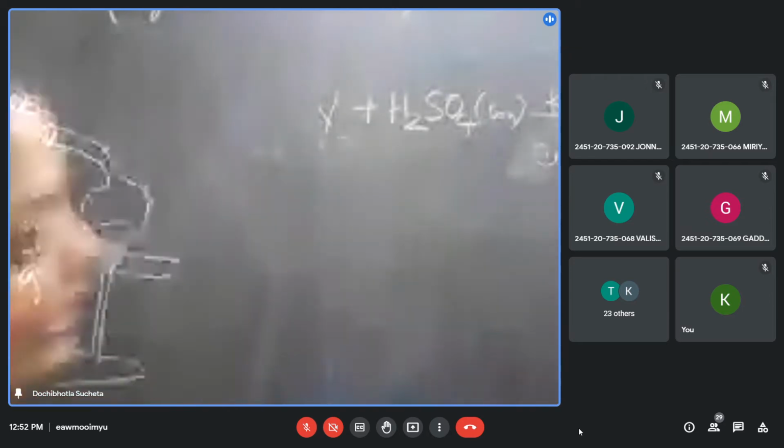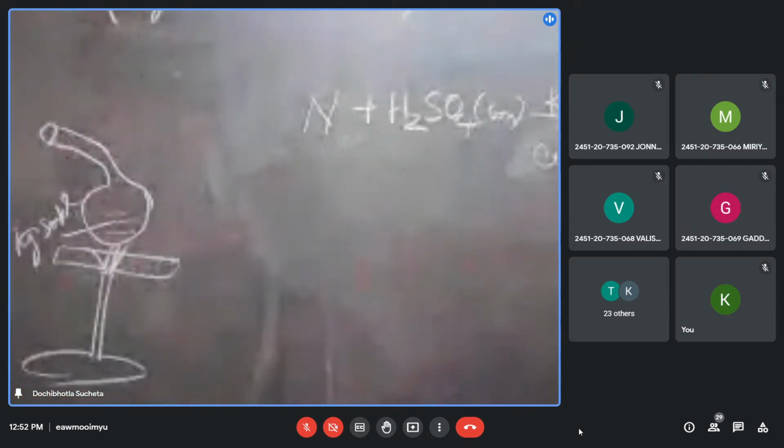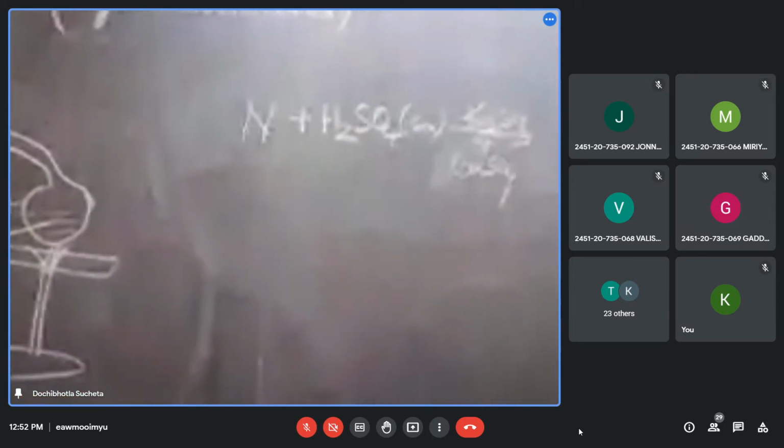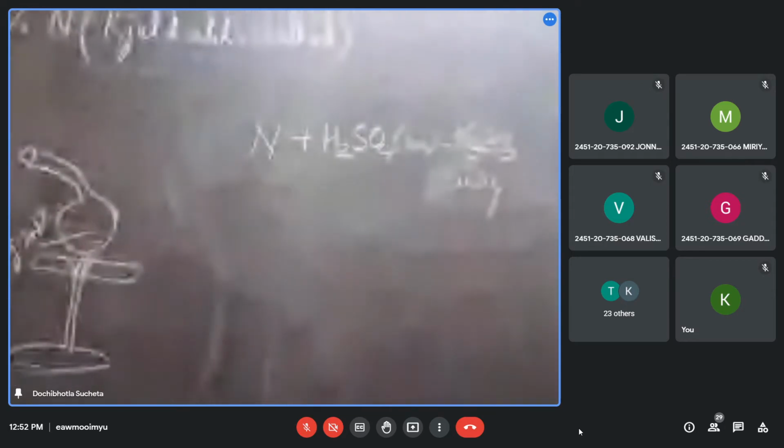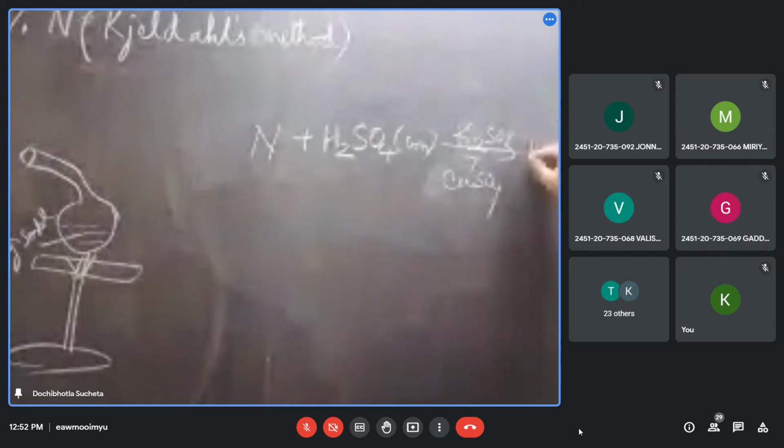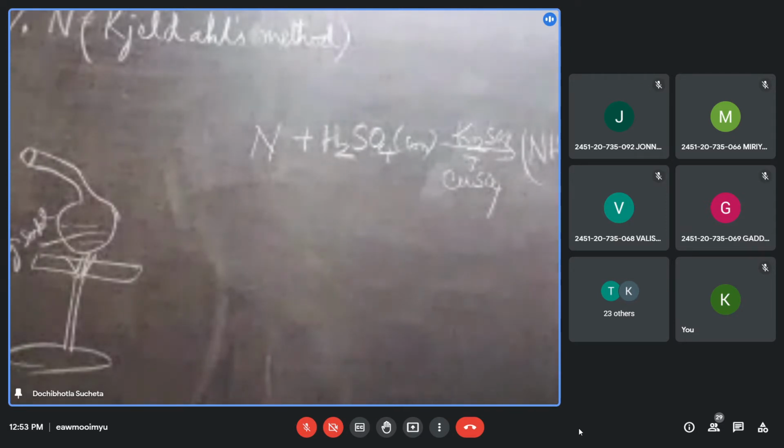The compound formed is ammonium sulfate, (NH4)2SO4.